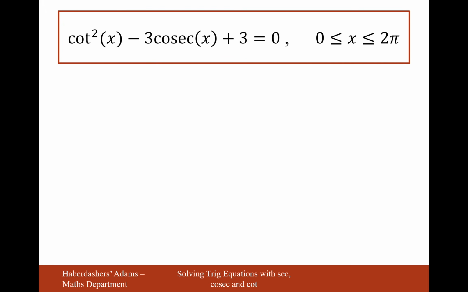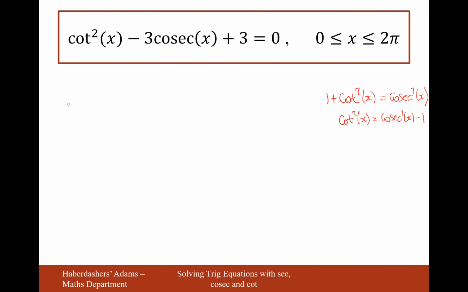Alright, let's move on to the next one then, and it's again one of these ones where we'll have to turn the cot squared into a cosec. So the identity is 1 plus cot squared x equals cosec squared x. So it's going to be cot squared x equals cosec squared minus 1.